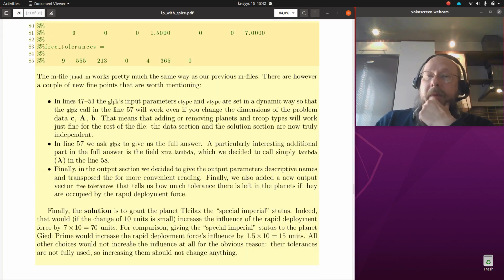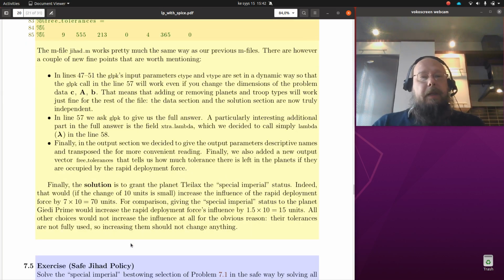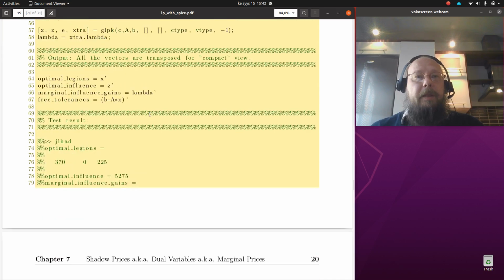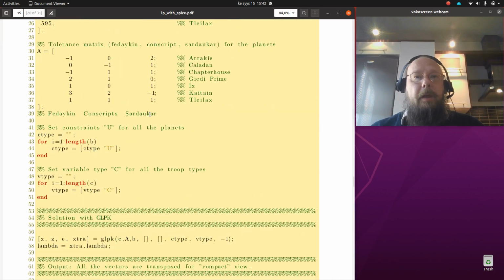Okay, so now we have an answer to the question, which may be correct, maybe not, because it's unclear whether this change is small, but nevertheless, it tells us that for all the other planets it's not too critical what the composition of our rapid deployment force is. But for the planet Giedi Prime, let me check that it really was Giedi Prime. Yes, it was.